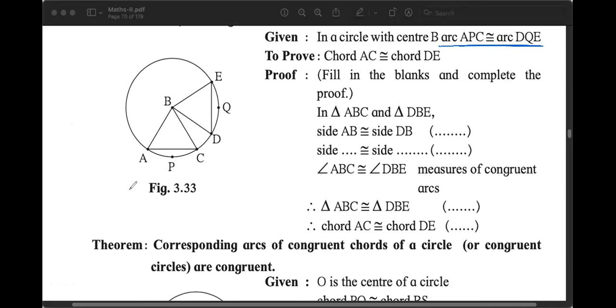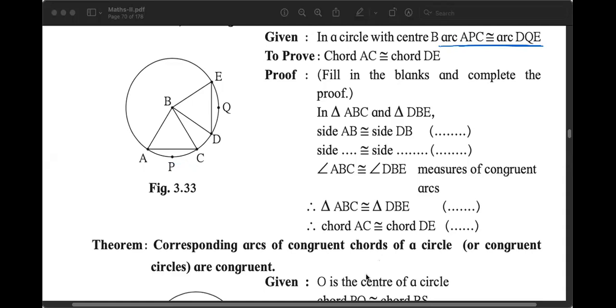I'm sure you are able to see the arcs in the diagram, APC and DEQ. They are congruent. Then the theorem says the chords corresponding to the arcs.